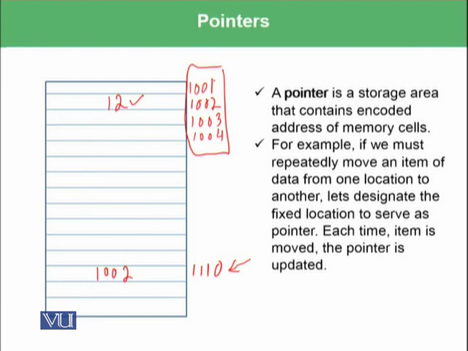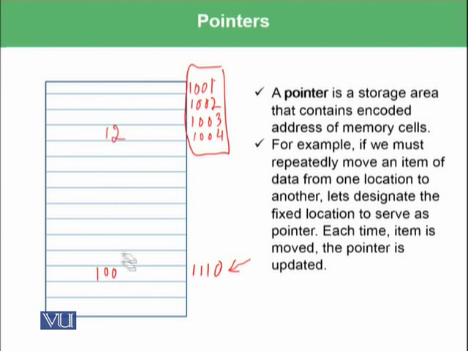So for example, if we must repeatedly move an item of data from one location to another, let's designate a fixed location to serve as pointer. So each time the item is moved, the pointer is updated. So for example, first time this 12 was stored at 1002, and next time we want to store this 12 at 1004.